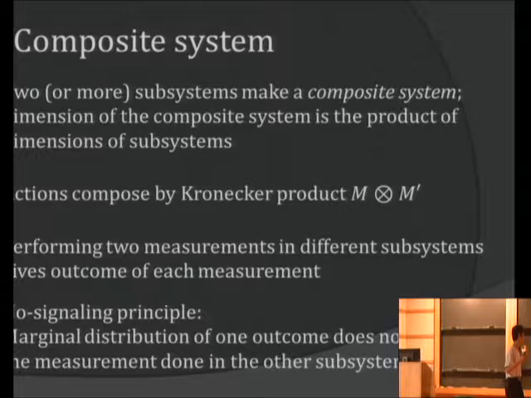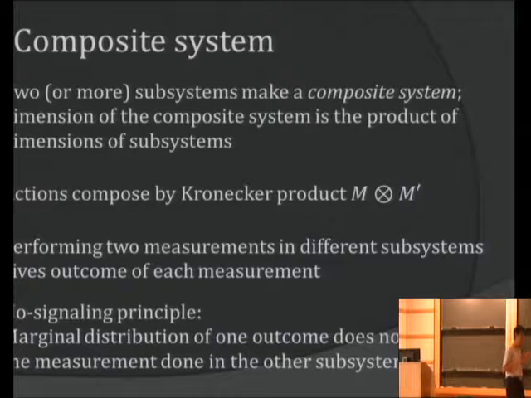So in the case of an EPR pair, if you look at the outcome of the first subsystem, then you know something about the outcome of the second. What is the meaning of this? That one outcome does not depend on the measurement done in the other subsystem.